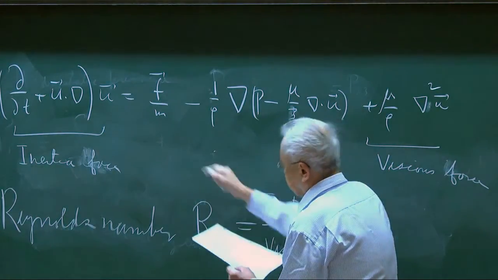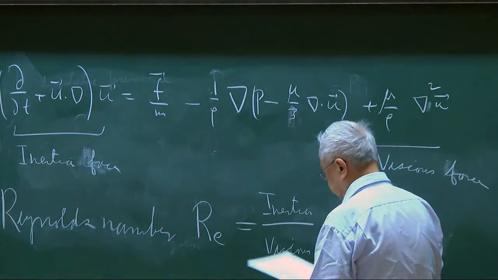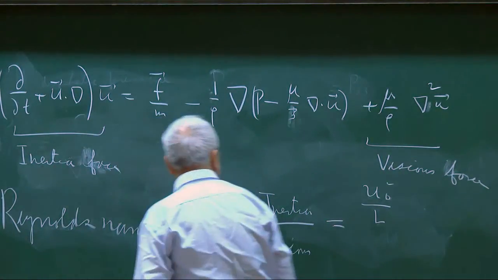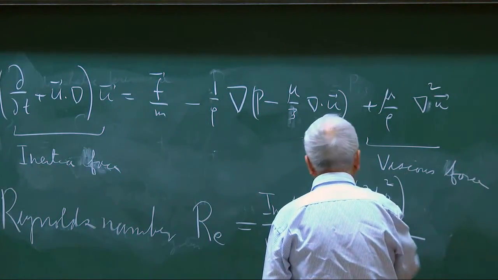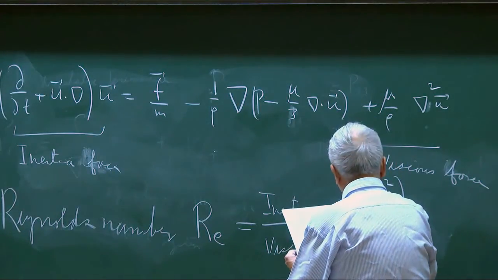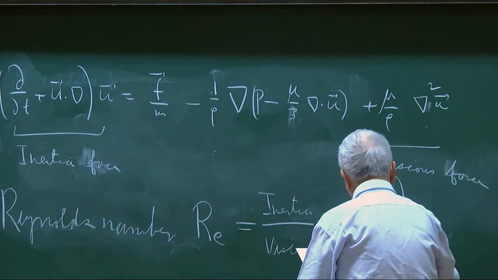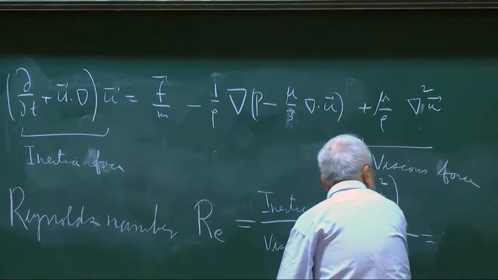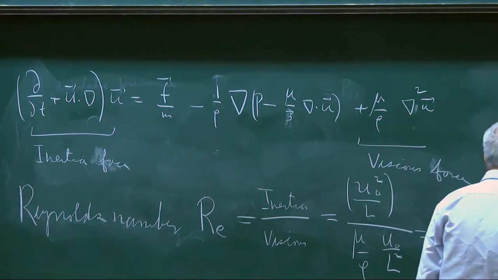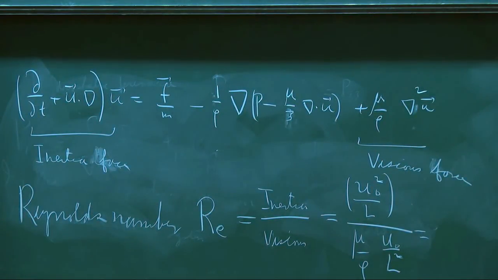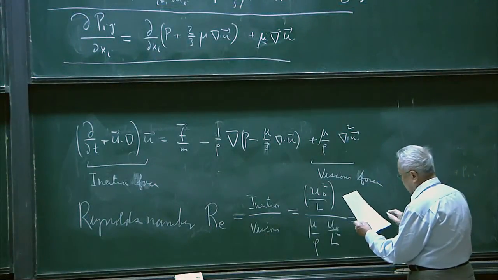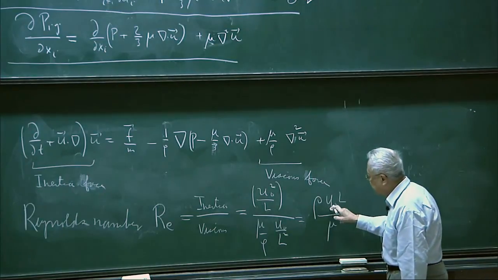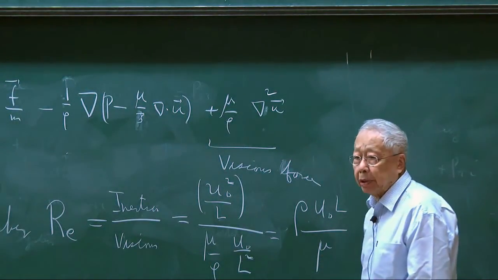So it's defined as, you take that term, you take a typical velocity u squared divided by typical length L. So this is u squared divided by L. So this is this term. Here, you take mu divided by rho times typical velocity divided by L squared, L squared because you have a Laplacian. So you come up with something like rho times u0 L divided by mu. It's the density times the typical velocity, typical length in the problem, and the viscosity coefficient.